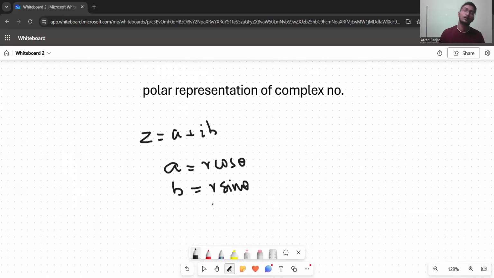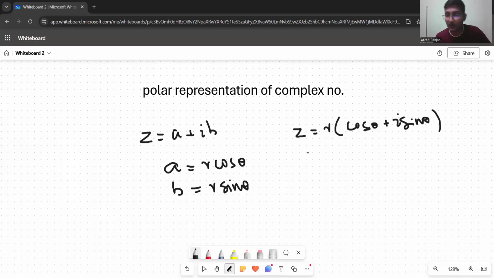Quite simple. If we put these values into the earlier equation for z, we get z is equal to r bracket cos theta plus iota sin theta. Now this is the polar representation of z.